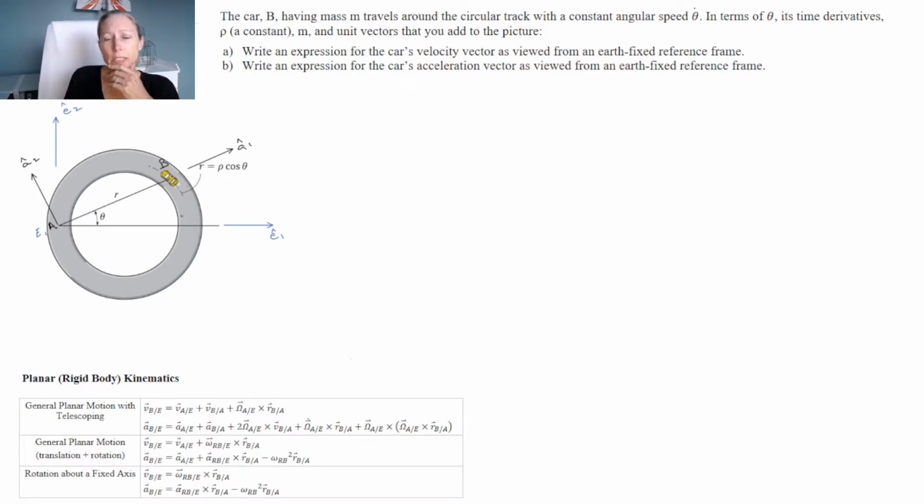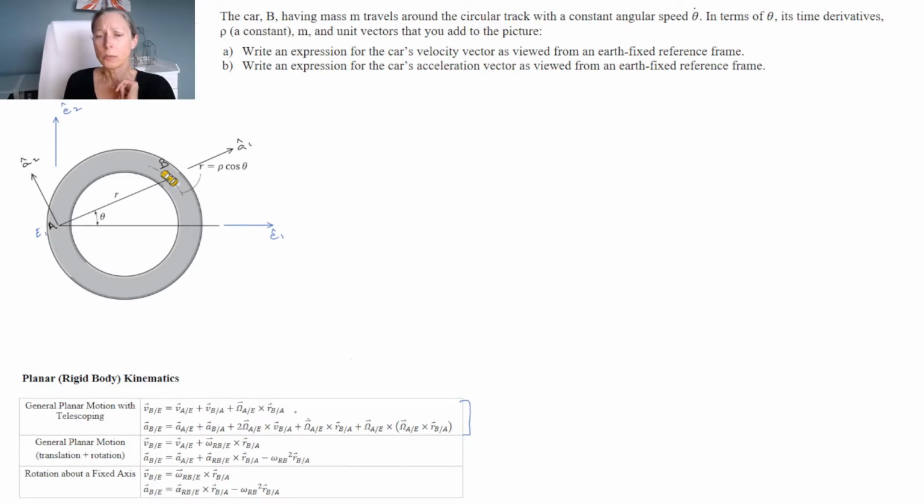And sometimes, just to be on the safe side, we want to start with the equations for general planar motion plus telescoping, and then as we work the problem, we can identify the terms that are going to be 0, and they'll just fall out of the equation. In fact, this is rotation about a fixed axis, but with telescoping. So we have rotation about a fixed axis, we have telescoping, we don't have translation, but we still need to start with these equations. They're the most complicated, and they're going to get us the right answer in this case.